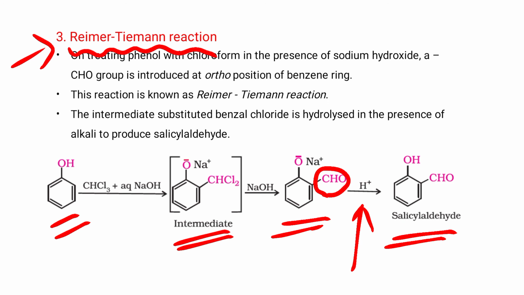So this reaction comes several times in exams frequently. In exams the question is asked in such a way: how will we convert phenol into salicylaldehyde, or how salicylaldehyde will form from phenol. So this is the reaction, that is Reimer-Tiemann reaction.